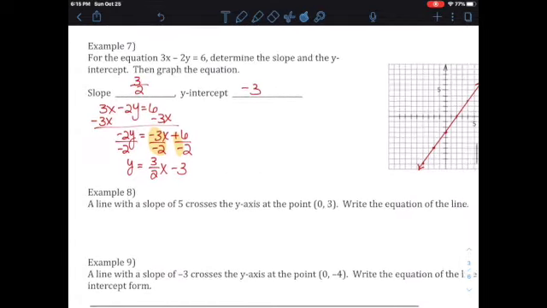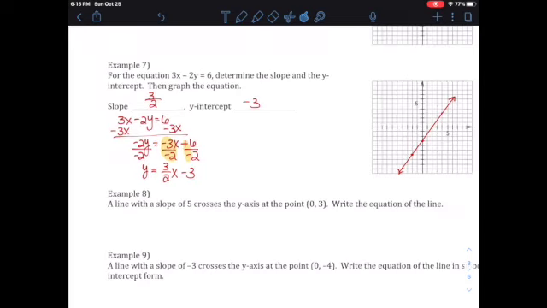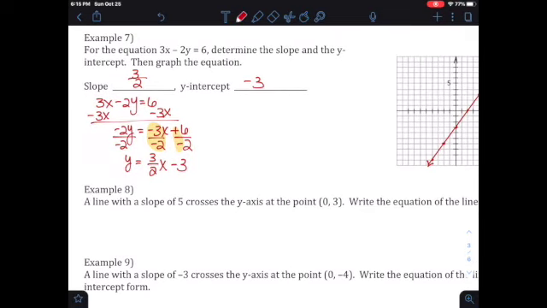Number 8. A line with a slope of 5 crosses the y-axis at the point (0, 3). Write the equation. It's really simple because they already tell you the slope, which is another word for m, and the y-axis point is where the y-intercept is located.